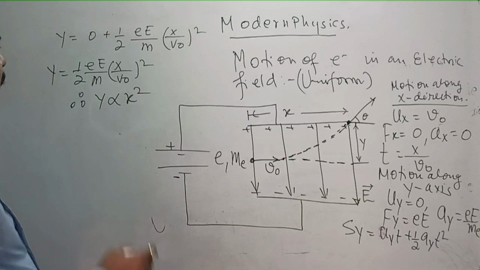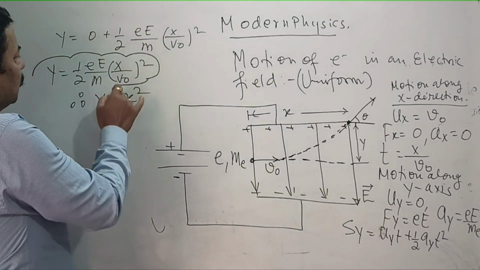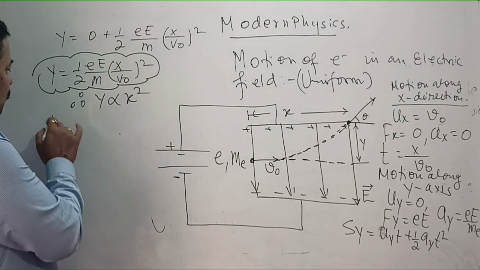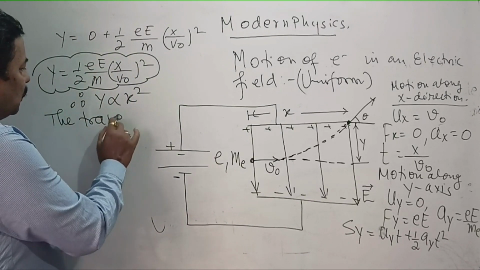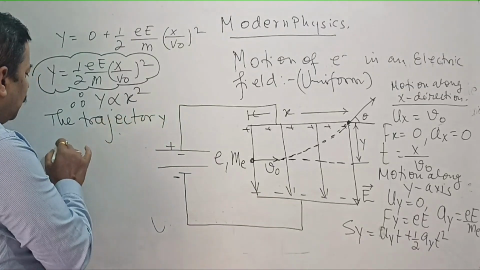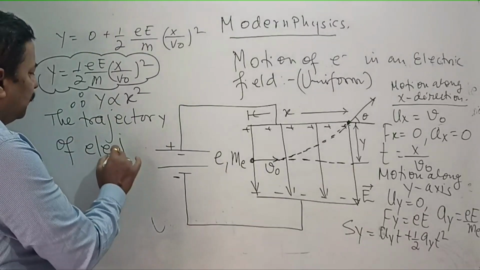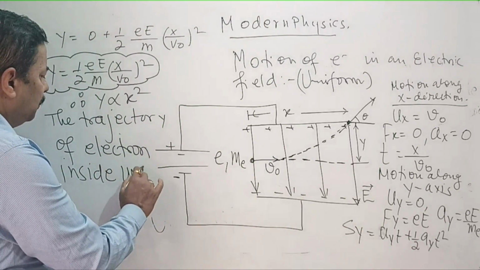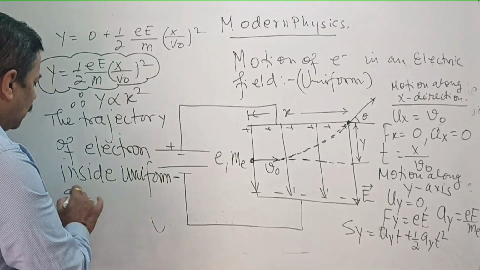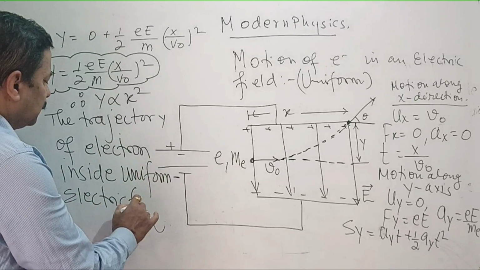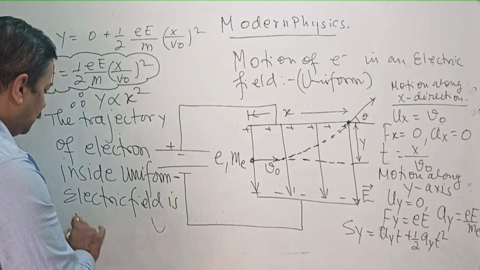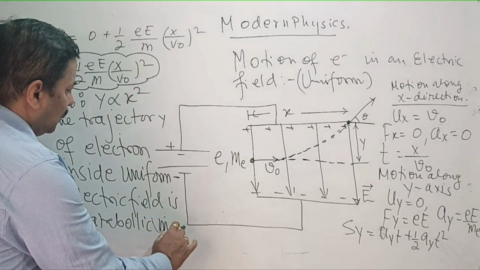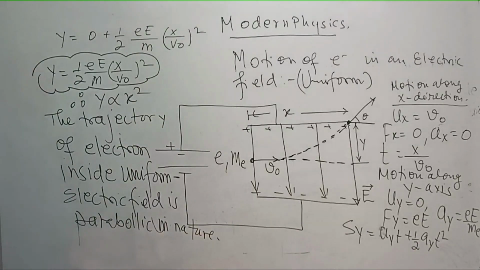So this relation proves that the trajectory of an electron inside a uniform electric field is parabolic in nature.